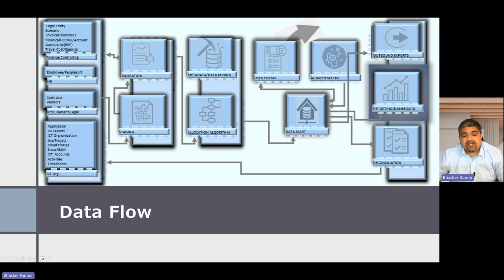Once we have this, we do metadata and data mining to populate our first draft of the costing model. Then we can run some allocation algorithms, and these allocation algorithms can do as much allocation as they can from whatever information is provided. Then it goes to a data mart, and through the data mart it goes to user form.